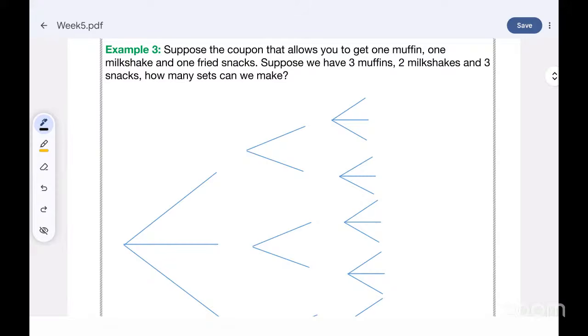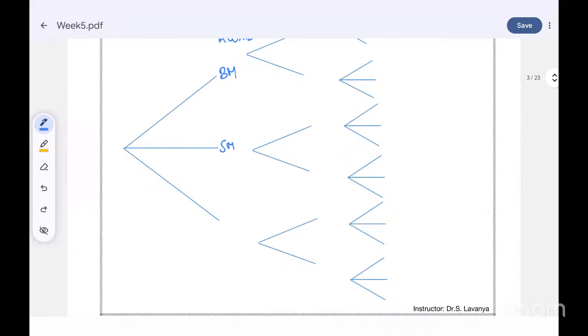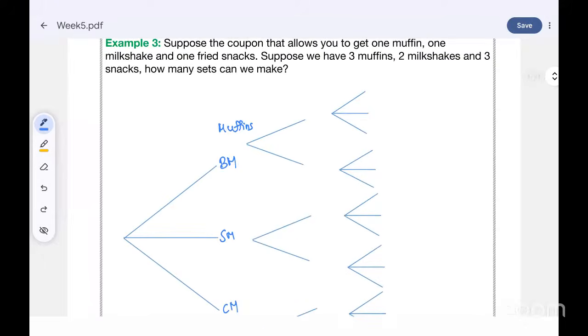So it is again the same logic. First you choose one of the muffins: either a blueberry muffin, a strawberry muffin, or a choco chip muffin. Then you choose one of the milkshakes: either a strawberry milkshake or a choco milkshake in each scenario.